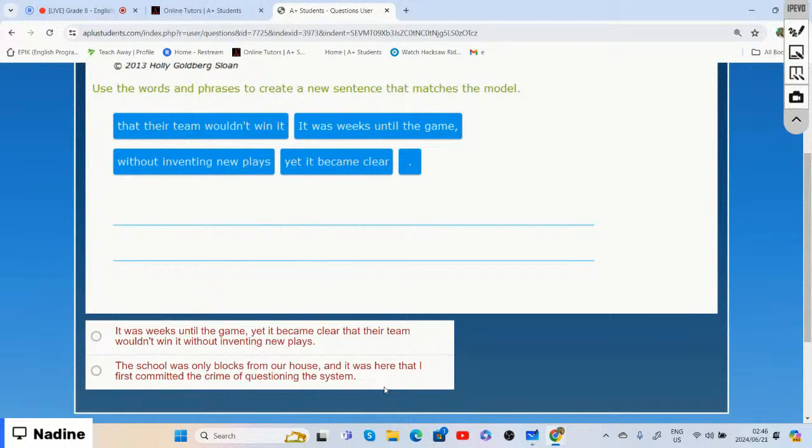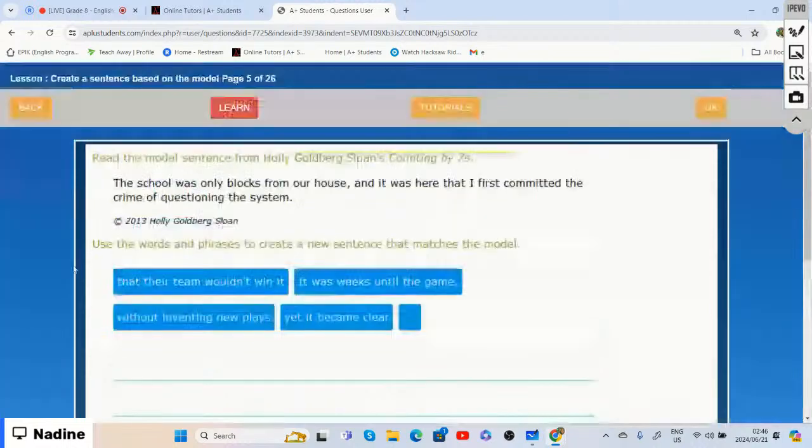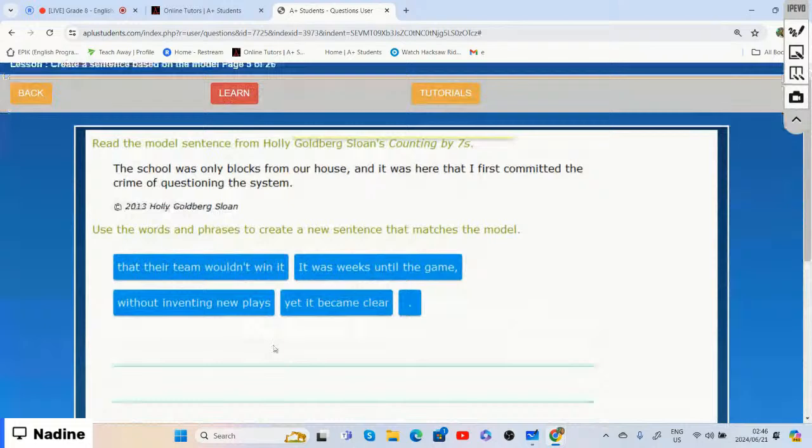Option one or option two? If we were to choose the correct one, we will choose option one that says it was weeks until the game, yet it became clear that the team wouldn't win it without inventing new plays, period. And option one is correct.